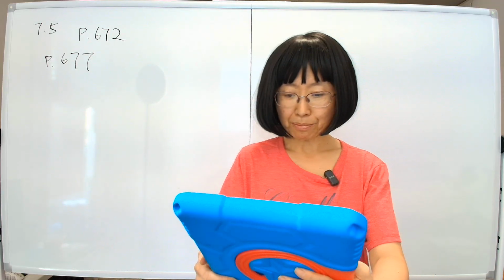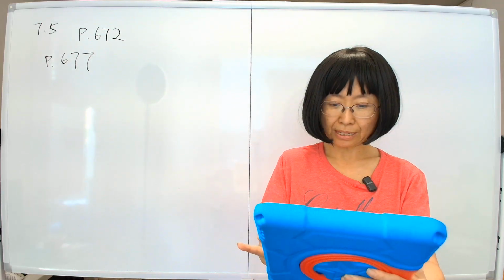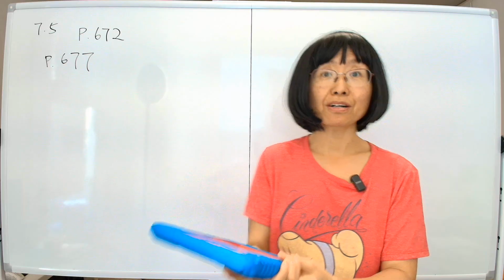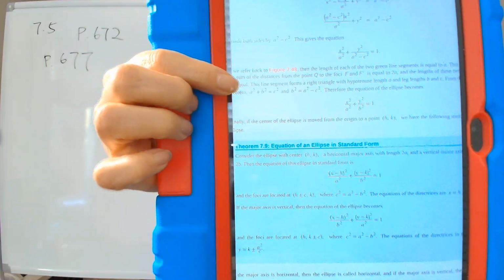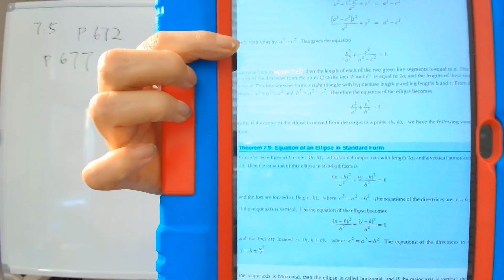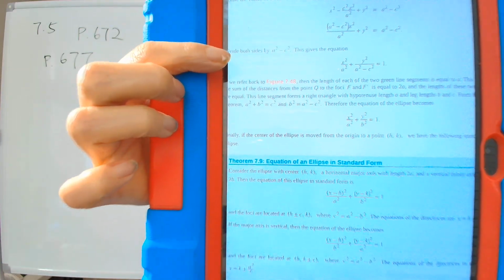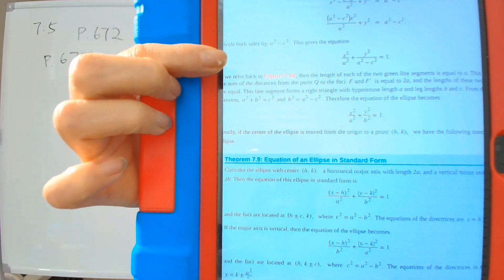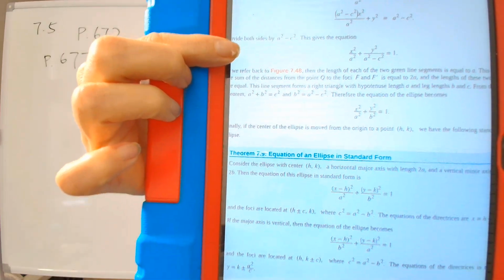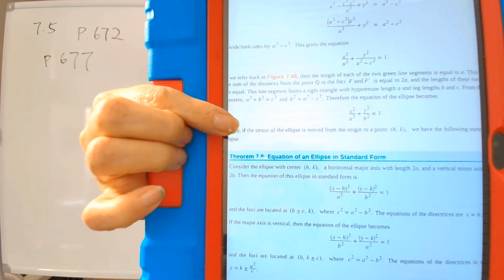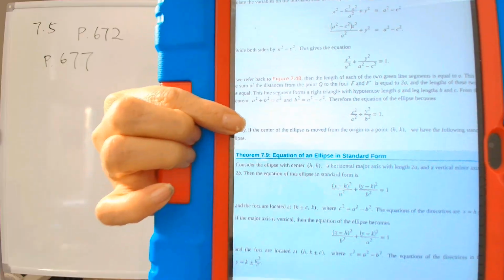So let's look at the bottom of the page, theorem 7.9, where once you have gone through the parallel algebra and got to the equation of the ellipse, eventually you're going to apply the equation where a squared minus c squared is equal to b squared. That's important, all right?